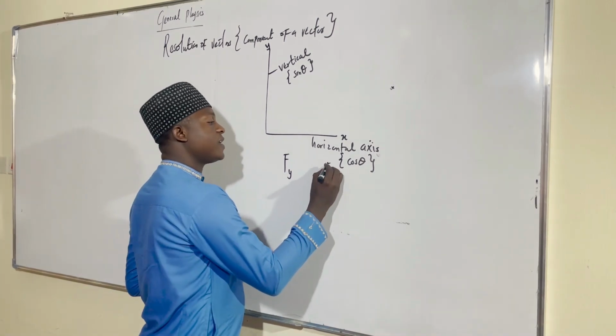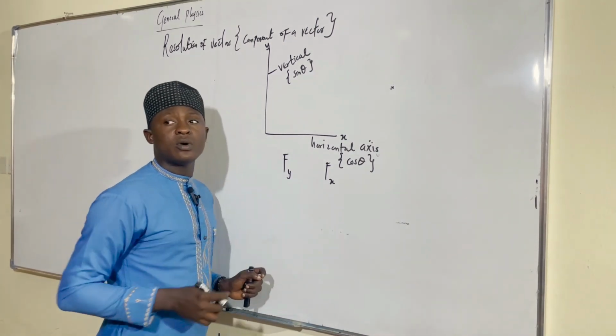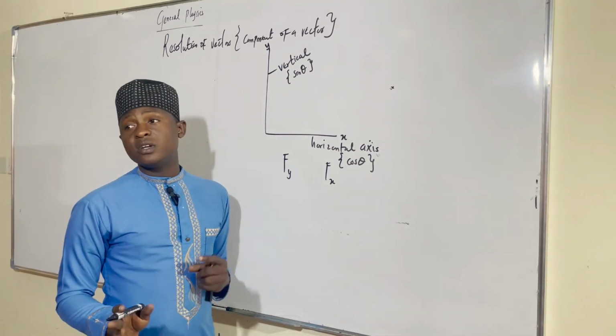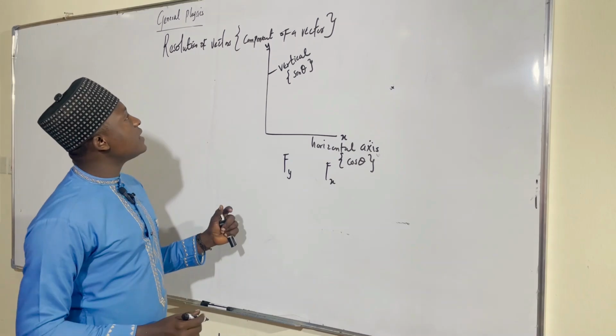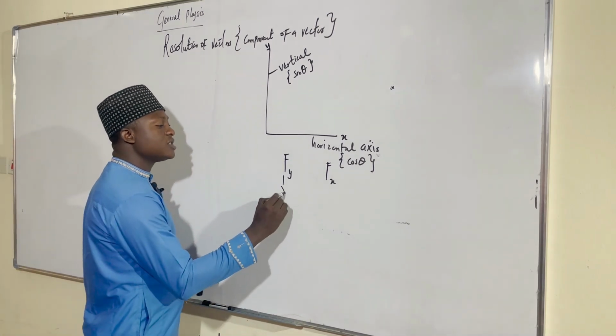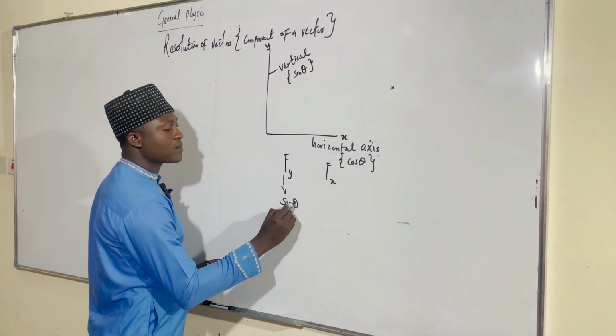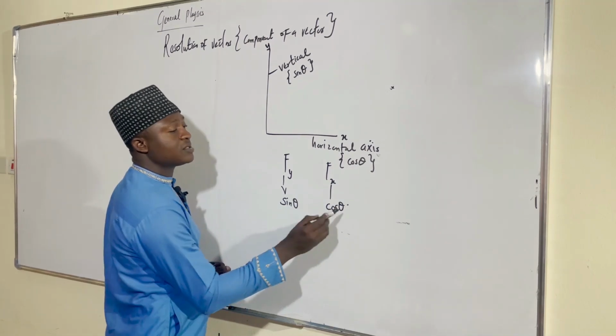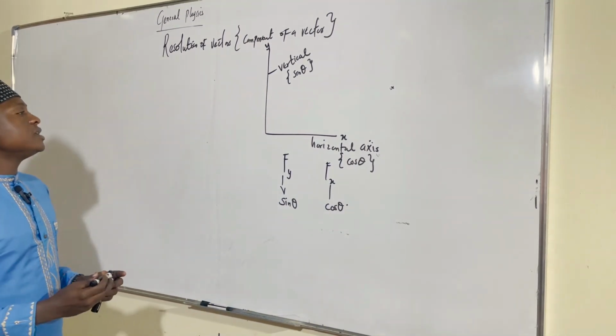If I say F of x, that means I'm talking about the force resolving in the horizontal. So mind you, if you are resolving a force to the vertical, mostly we use sine theta. For the horizontal, we use cos theta. This is very, very important that we need to take note of.